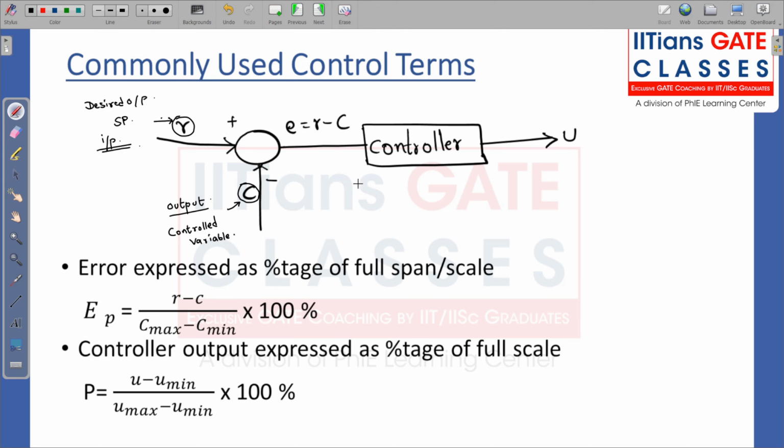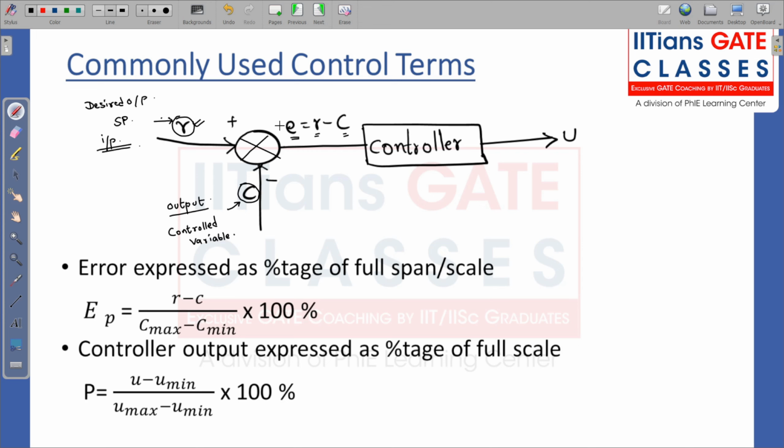Now we have this error. Error is R, the input, minus C, whatever is your output. This is my input to the controller, given by this comparator, which compares two signals and gives me the subtraction.